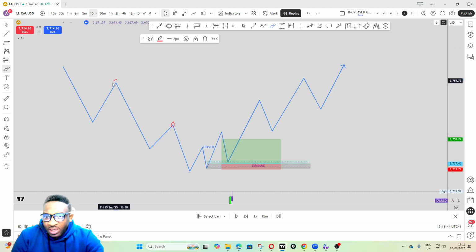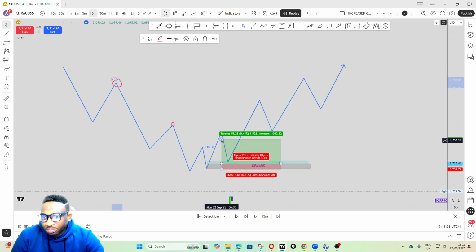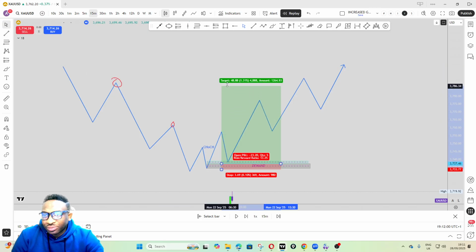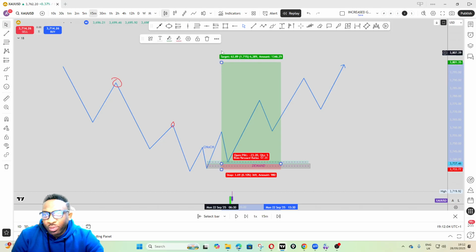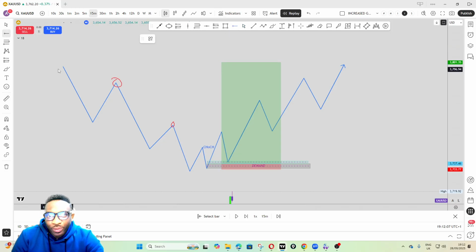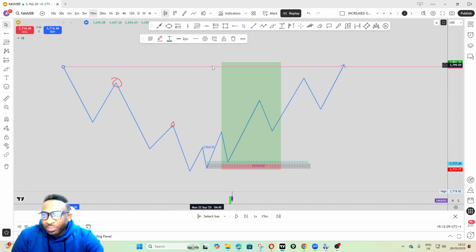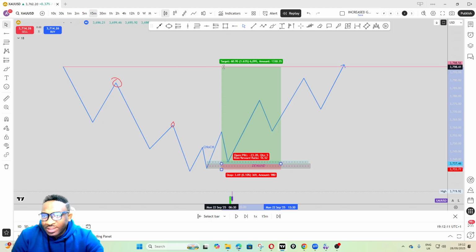This is another area we could be targeting, from this high to this high, and so forth. So if we identify the previous high area, we could run our trade all the way to the previous high points that we can identify on the chart.